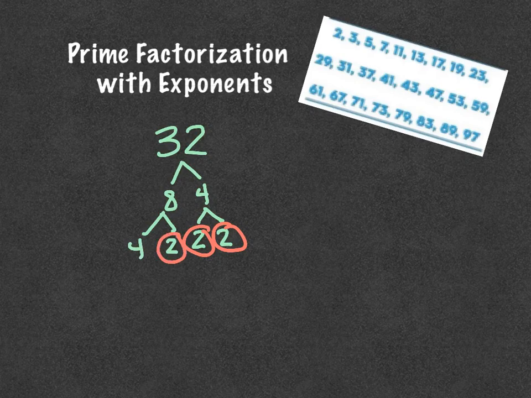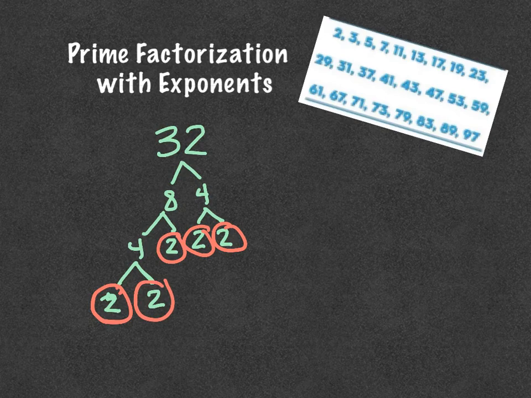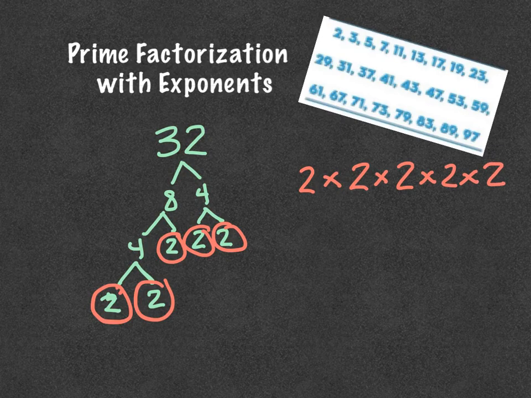Another 2 is prime. Split my 4 up into 2 times 2 again. So we end up with so many 2's. So the way that we could write it without exponents would be 2 times 2 times 2 times 2 times 2. There are 5 2's. But the way that we would write it with exponential notation here is that it would be 2 to the 5th.